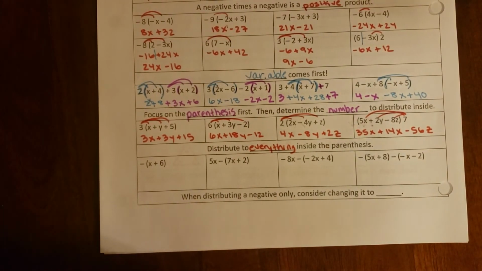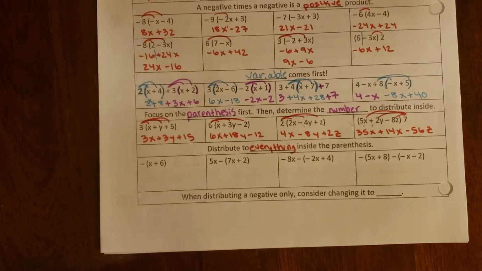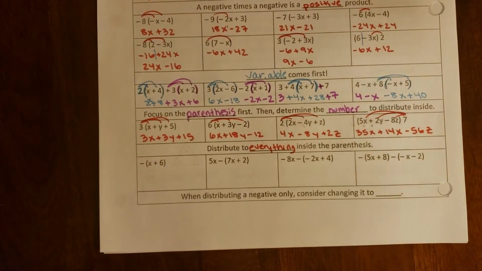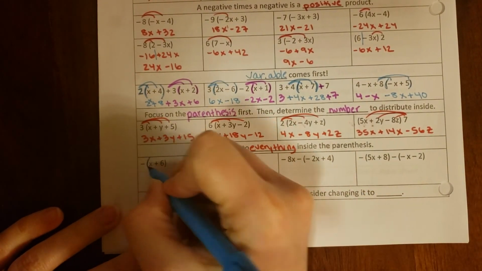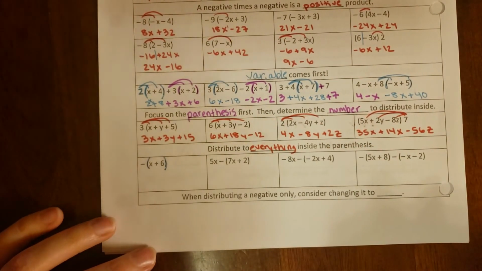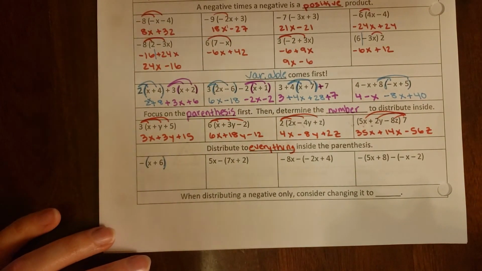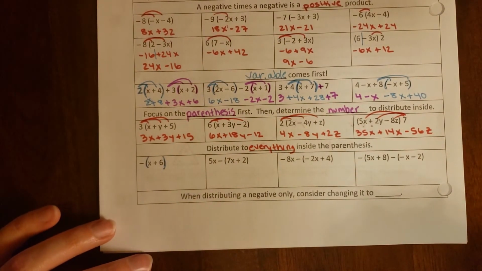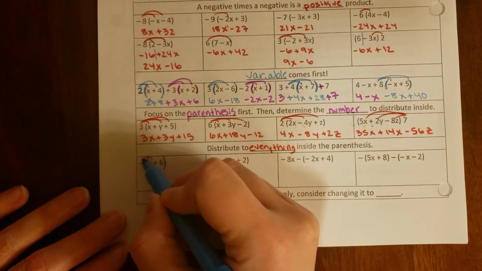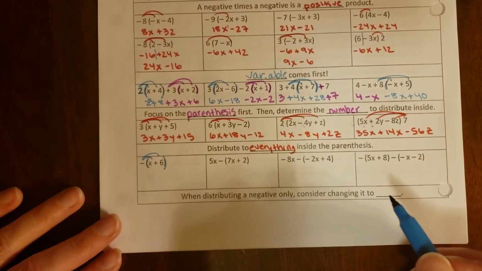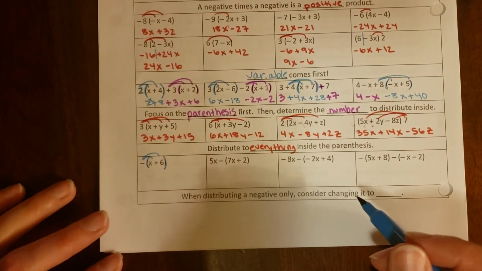Okay, here we have one more subtle thing that maybe trips kids up. Sometimes when we look at our parentheses, the number that is on the outside isn't a number, it's just a negative. What that means is that negative is going to be distributed to everything inside of the parentheses, or I'm just going to change the sign of everything that's in the parentheses.